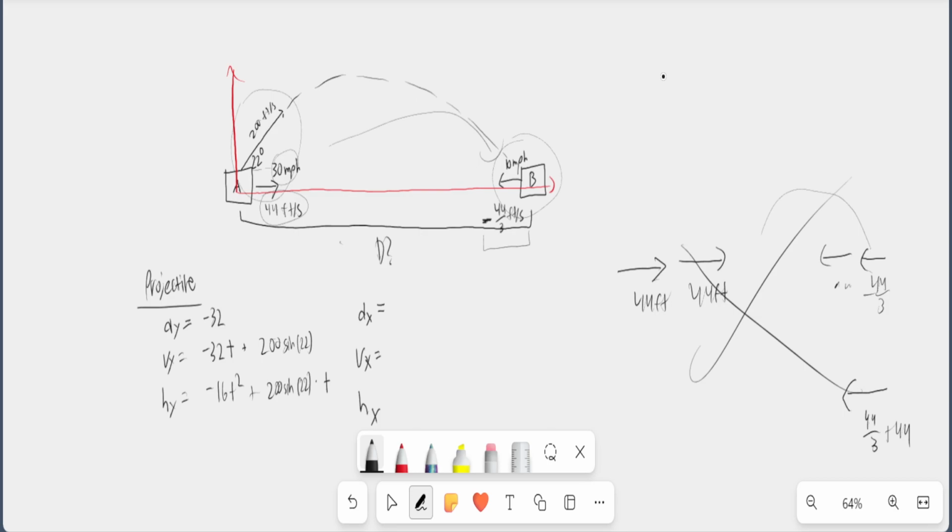The reason is that as soon as the projectile leaves the car, the car basically becomes irrelevant. It doesn't matter if it stays still. The only reason we need to know the speed of the car is to know how much velocity the projectile is going to inherit. So you're right, you have to do both.